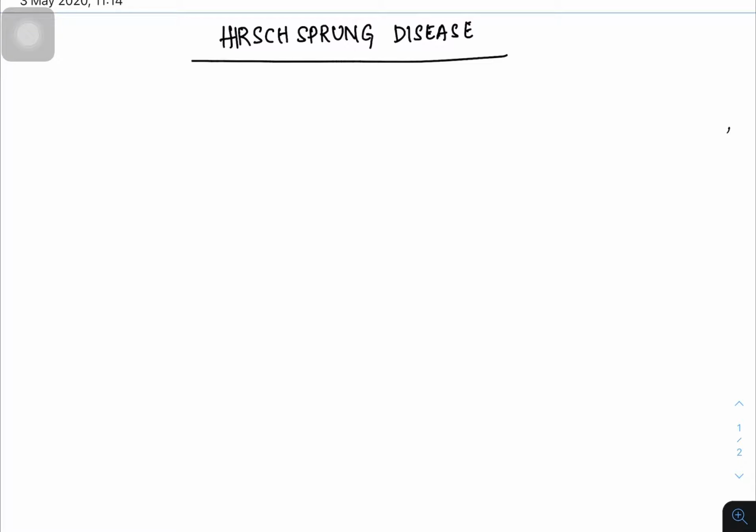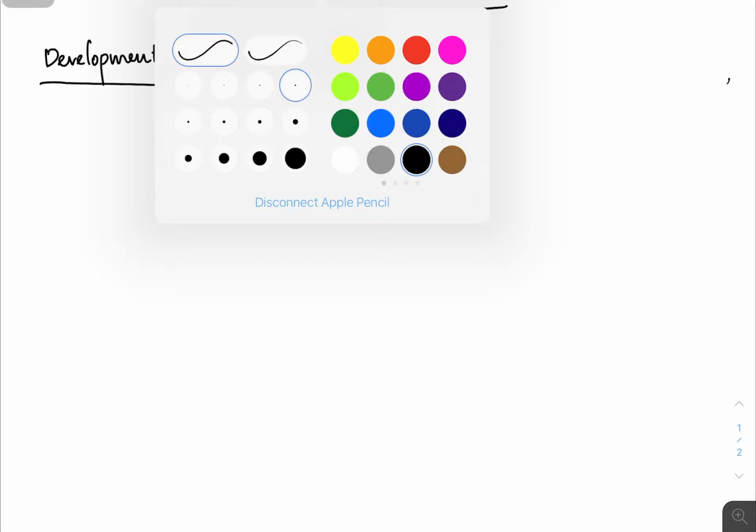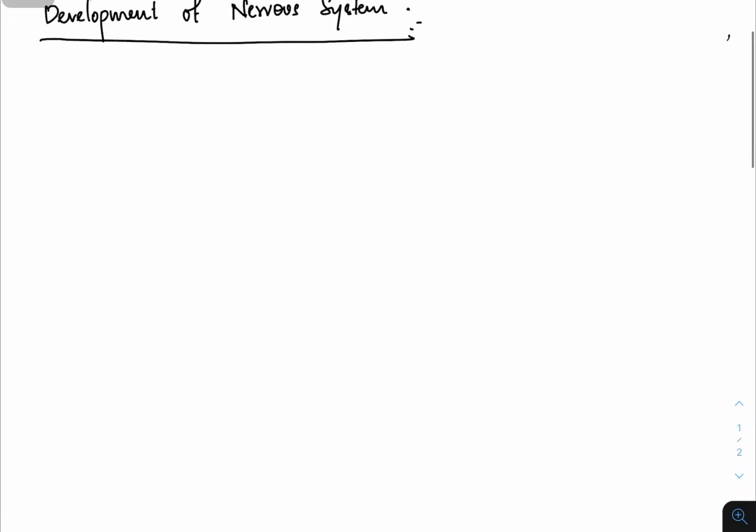Basically in Hirschsprung disease, one important thing you need to know is the development of the nervous system. During the embryonal time when the nervous system is developing, first of all, a neural plate is formed like this.